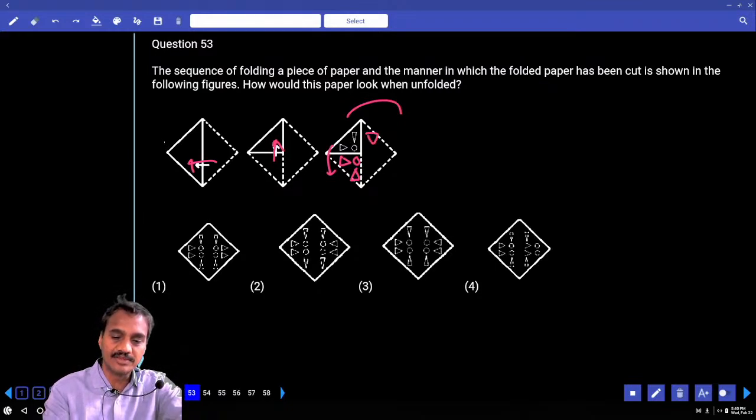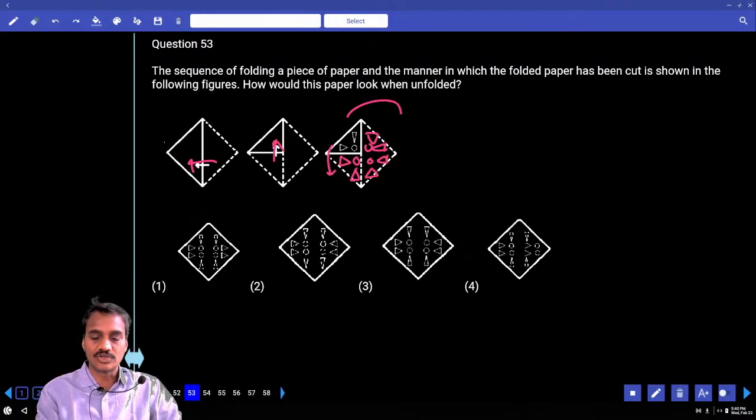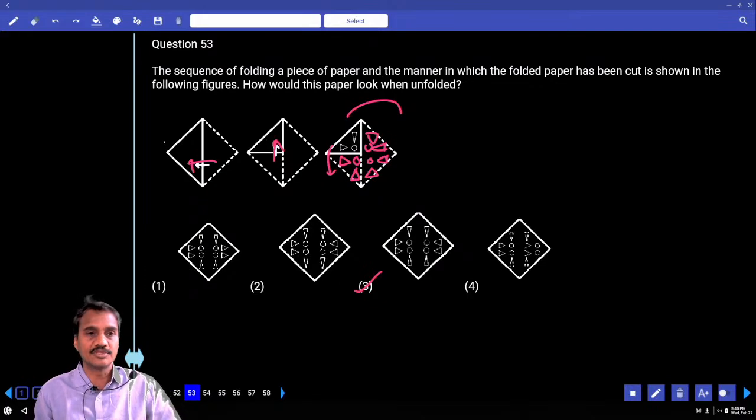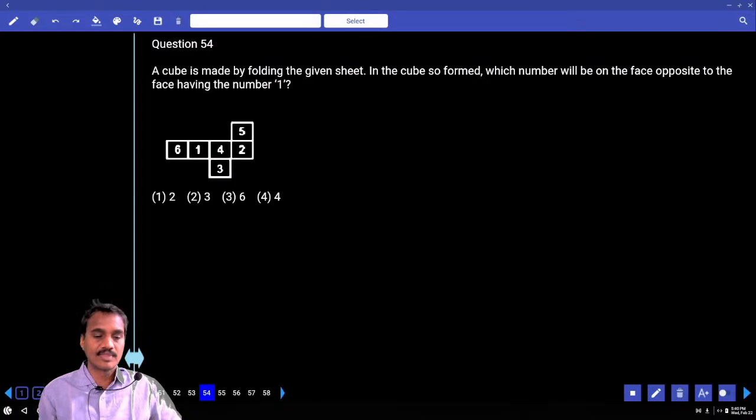And this left hand side will be right hand side, and this is circle. And here the circle should come. Now here it is arrow, and this will be as it is. Now tell me what is the choice we have in this one? Choice 3 is the answer. Right? Choice 3? 53.